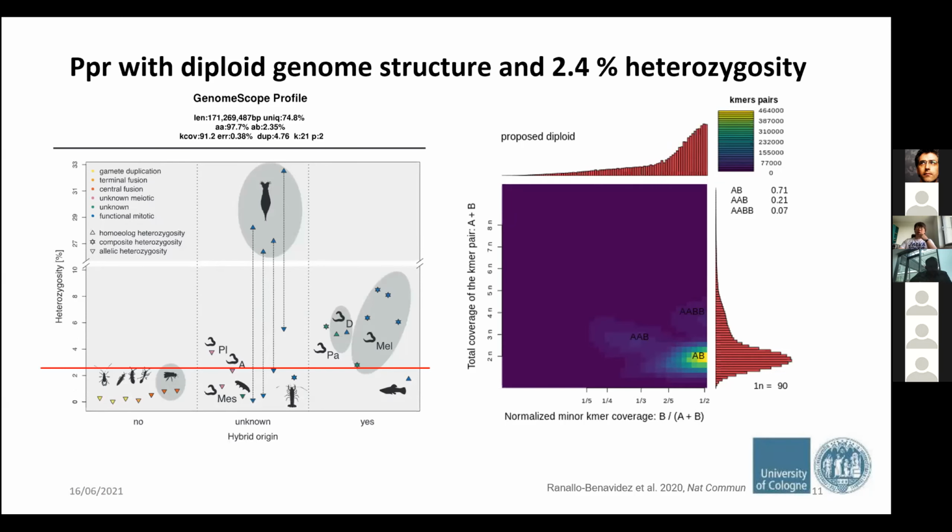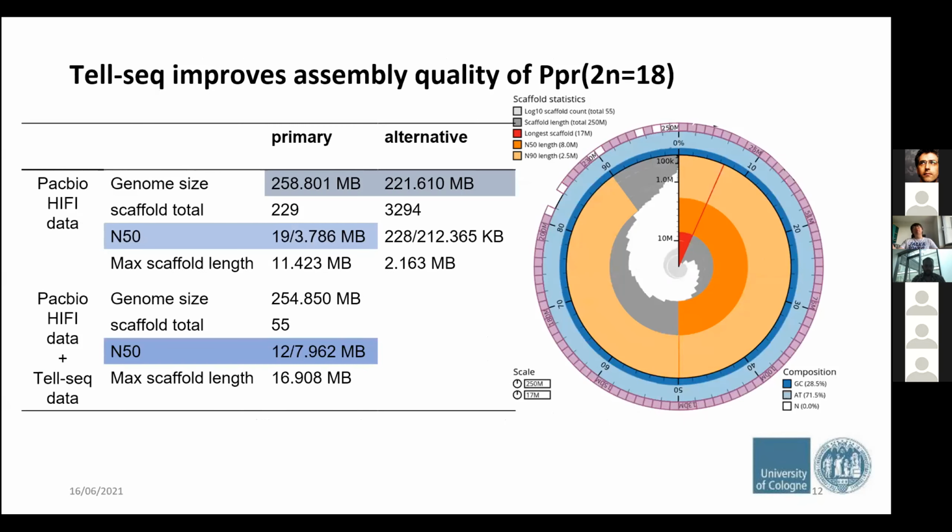If we take a look at the SmudgePlot on the right, you will see the genome is diploid. Finally, we got a high-quality and fixed assembly with N50 about 8 megabases with 15.5 scaffolds here. This is our primary assembly, and we also provide the alternative assembly here.